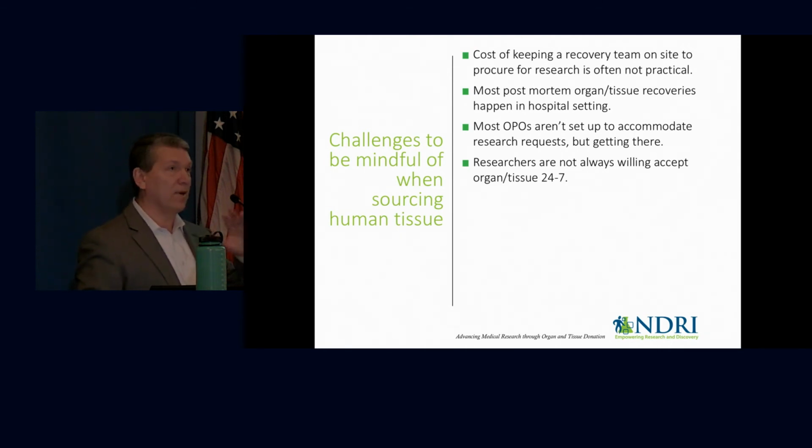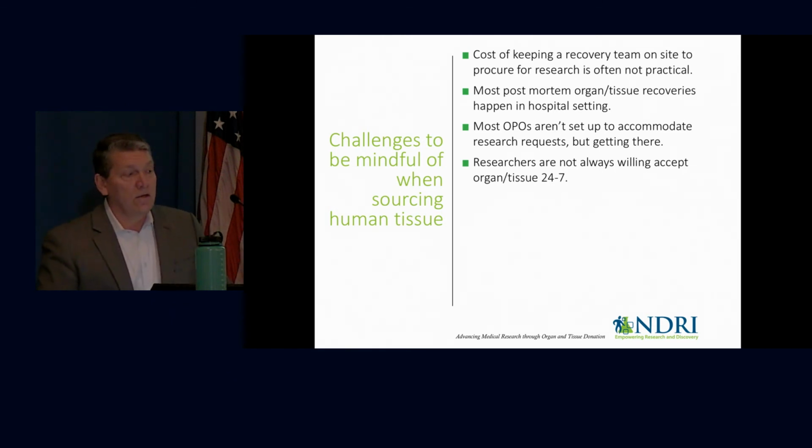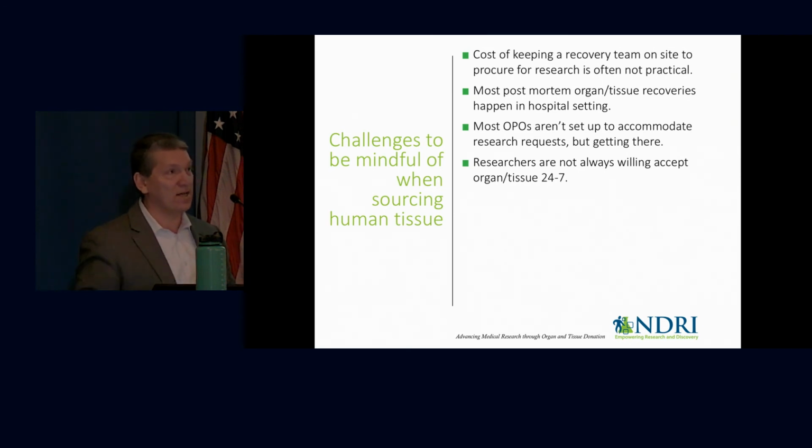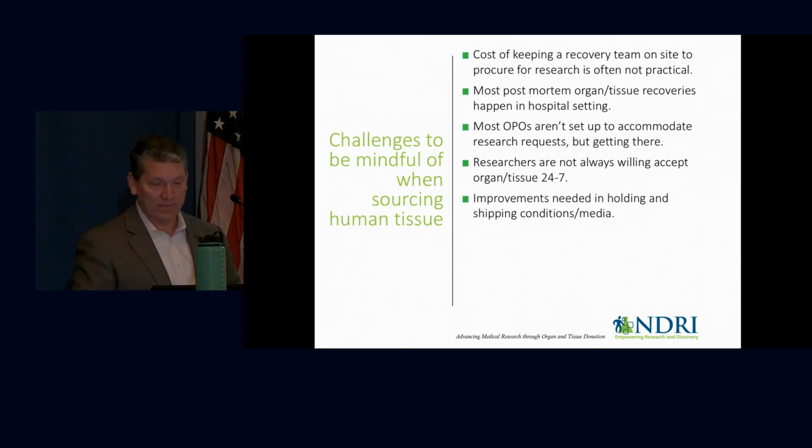It could come any time of the night and they say, oh, I can't do that, I leave at 5, and that's a problem. So for researchers, if you come to organizations like us and you need these hard-to-get tissues, please be flexible. This is not like shopping at VWR.